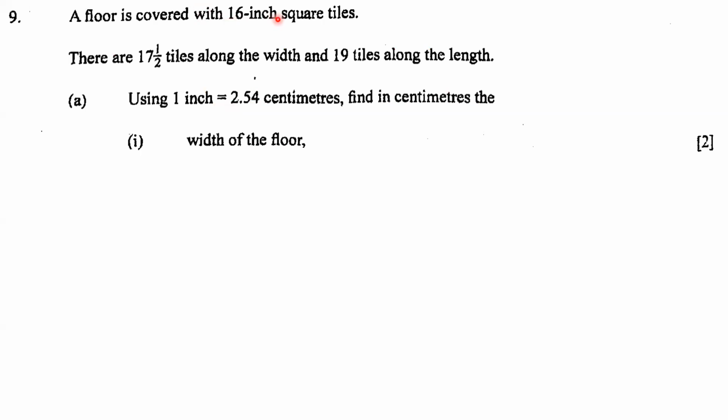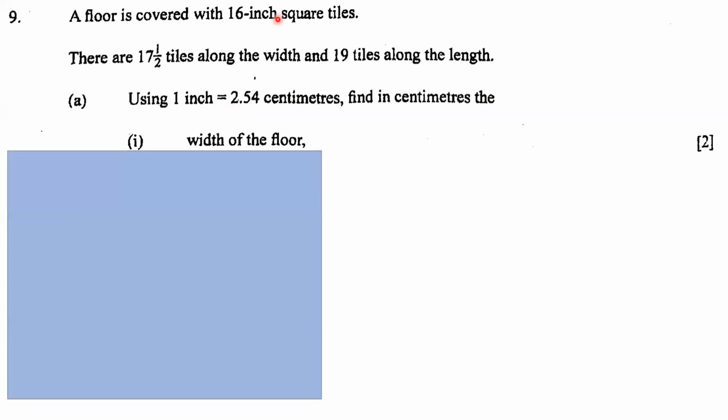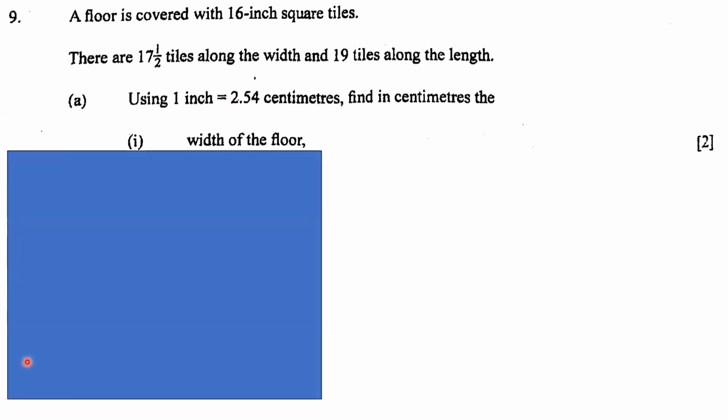So we have a floor, right? We imagine a floor, so this is our example of our floor. Now the floor has 17 and a half tiles along the width. So we have 1 tile, 2 tiles, 3 tiles, 4 tiles, 5 tiles, 6 tiles. You get it. All the way up to 17 and a half tiles along the width, right?